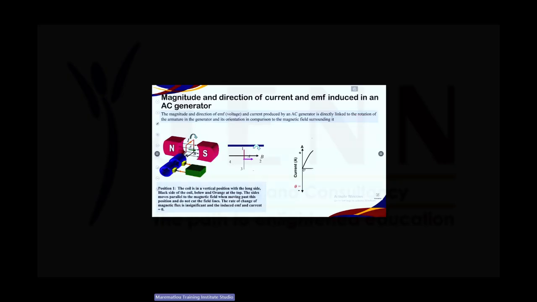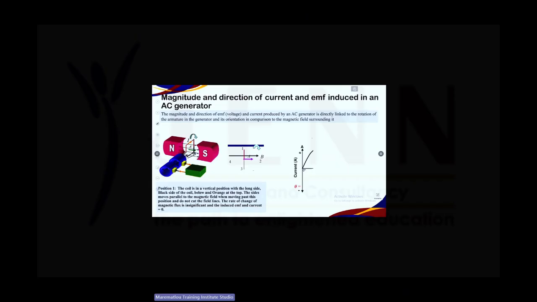Now, when we look at how to draw them, first of all you have to look at the position of your coil. The coil is in a vertical position at this time. Can you see here, it's upward, so it's in a vertical position.